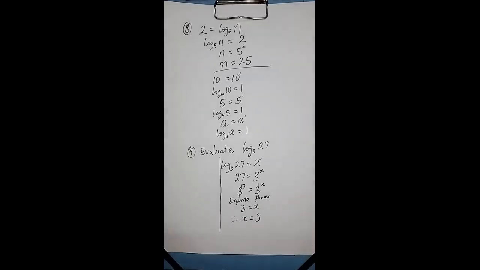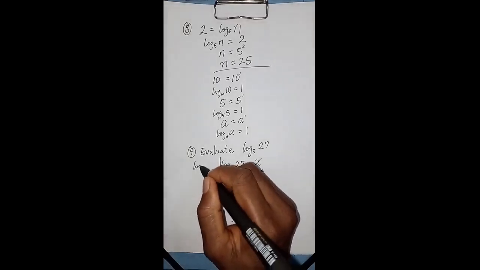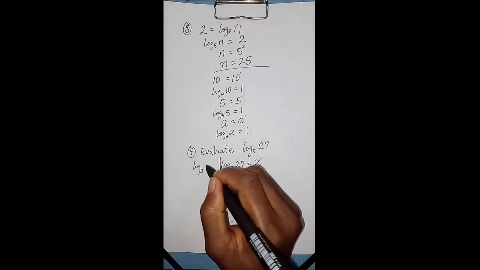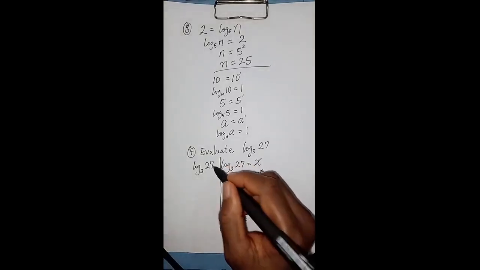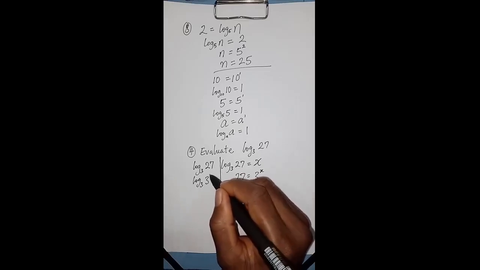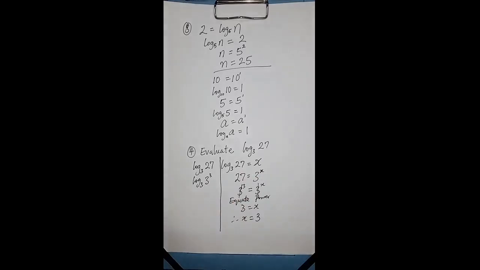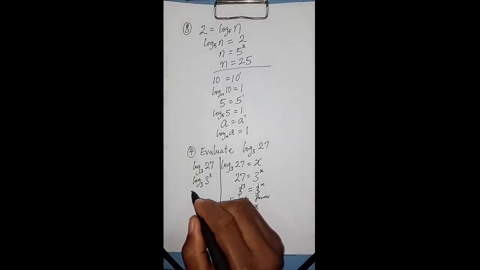Now, I can solve this like this. Log 27 to base 3 is the same thing as log 3 raised to power 3 to base 3. 3 raised to power 3 is 27. Now, this power can come to the side of the logarithm.